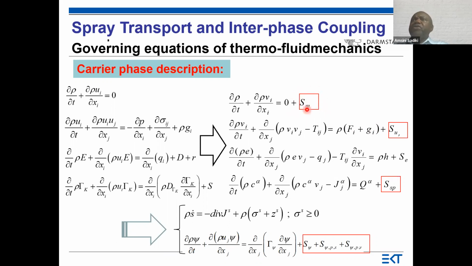In the case we have evaporation, we will have an additional contribution here, and we have here the sum of all contributions we put here. In the energy equation too, we will get this source term here, and in the concentration equation, we will also get this source term. So here replaced by C.